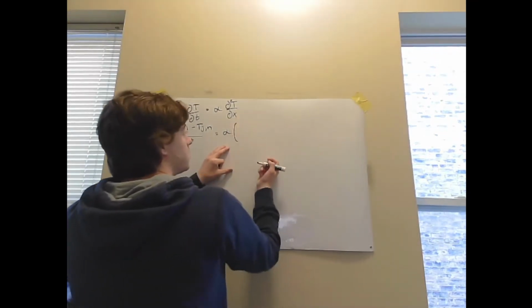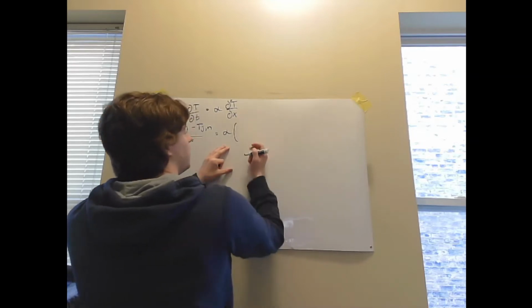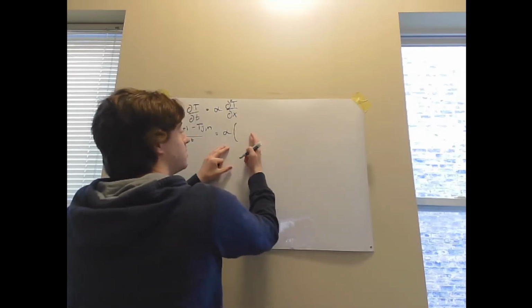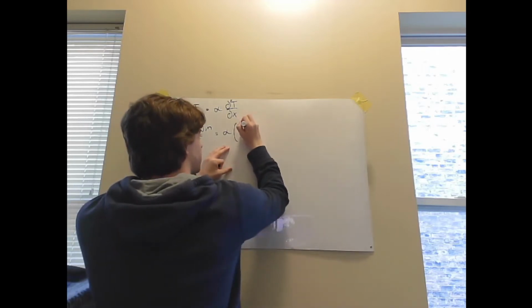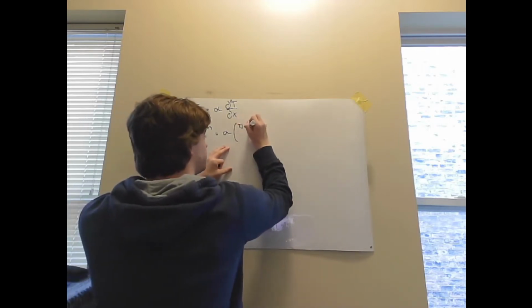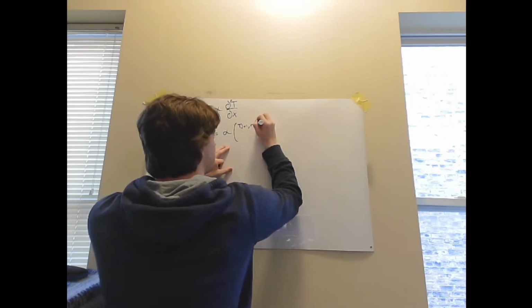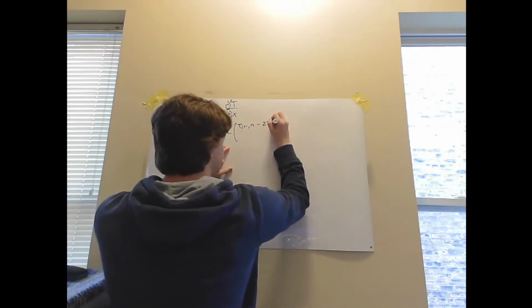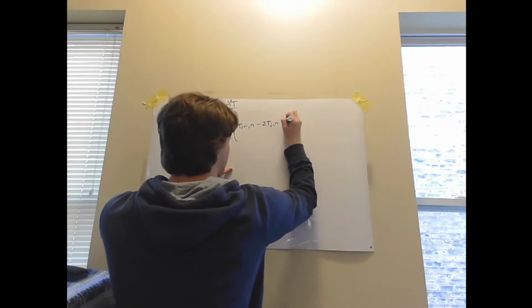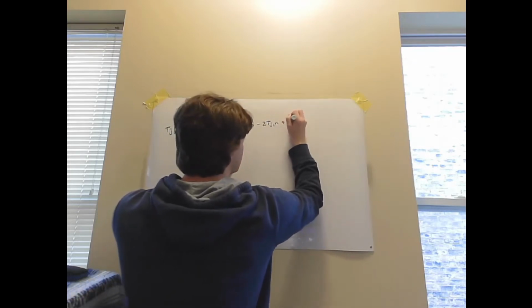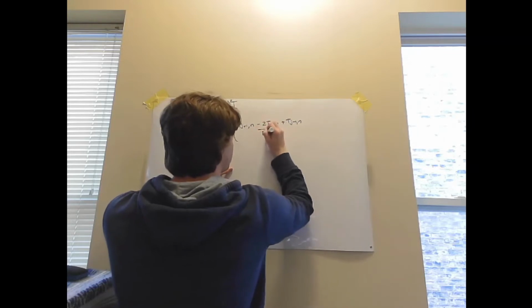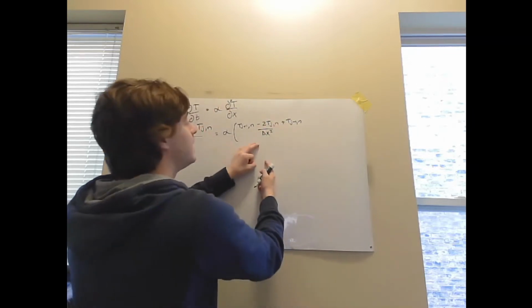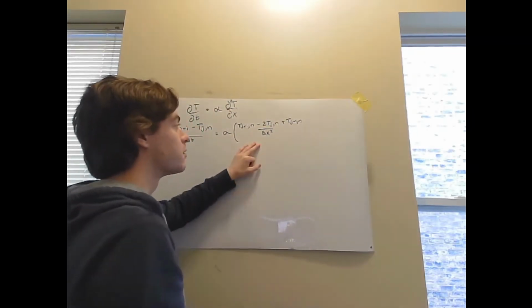So what this is going to look like is the same estimation we used for the first method. So it's going to be T of j plus 1 at n, minus 2 Tj at n, plus T at j minus 1 at n, over delta x squared. And now we need to do the same thing for the next time increment.